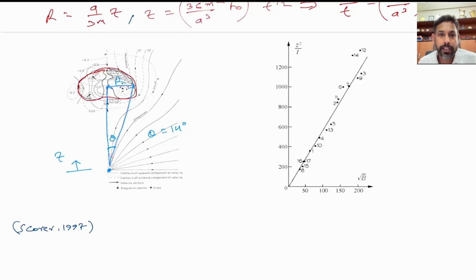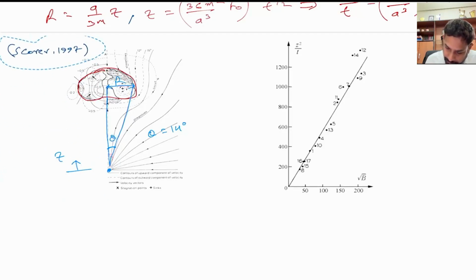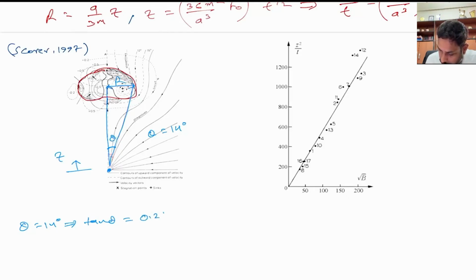That is found experimentally by measuring the shape or size of the plume with respect to the point of release. Okay, so if we use this, theta is 14 degrees, that gives us tan theta as 0.25. So basically R over Z is equal to tan theta, that is 0.25.